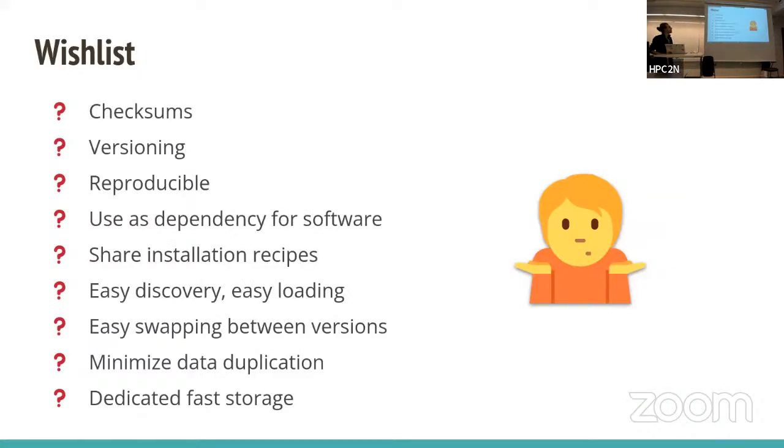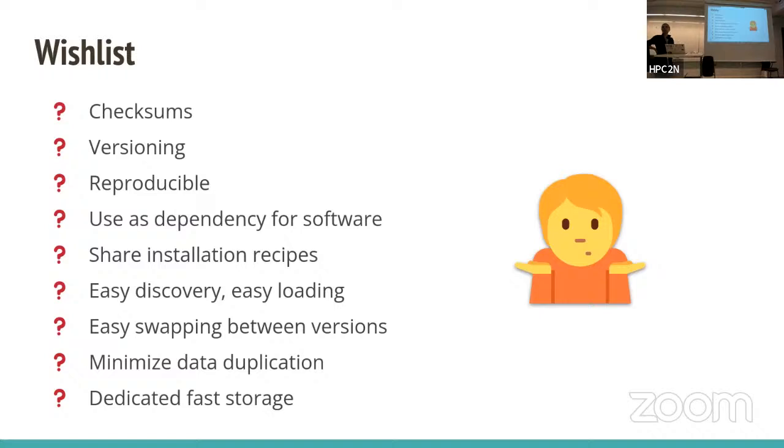So what do we want? We want a system that gives us checksums, versioning, a reproducible way to install those. It can be used as a dependency for software. Can we share the recipes so that not everybody has to do the same work over and over again?